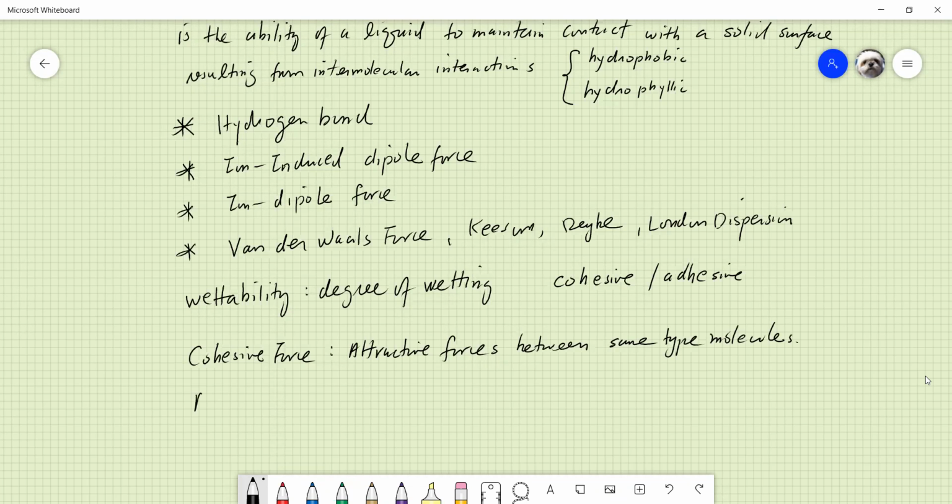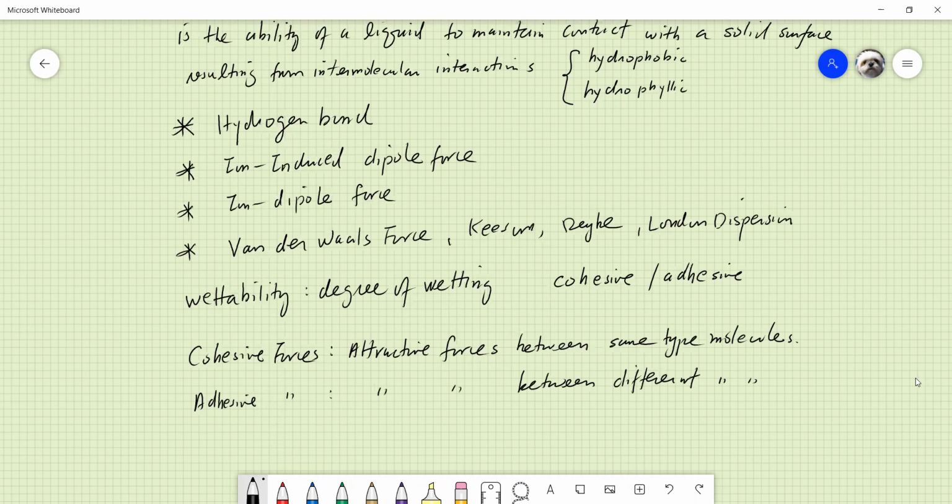Now, what is adhesive force? Adhesive force will be the attracting force again between the different type of molecule. You got it?